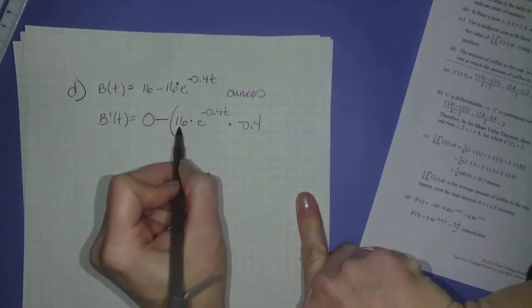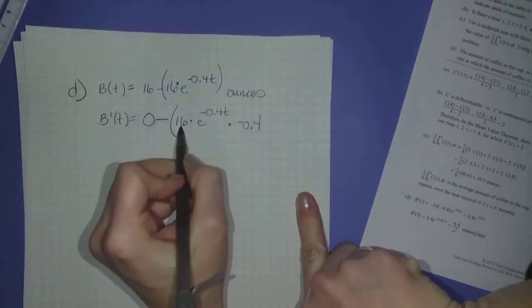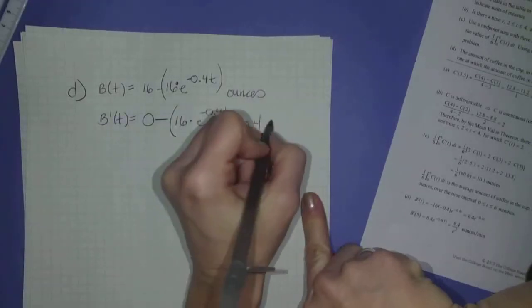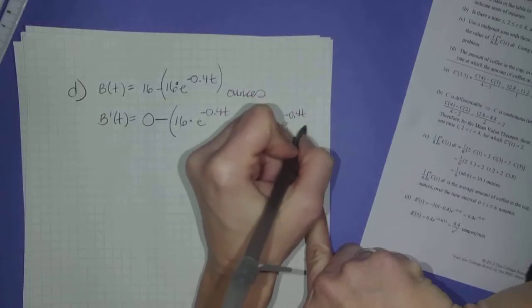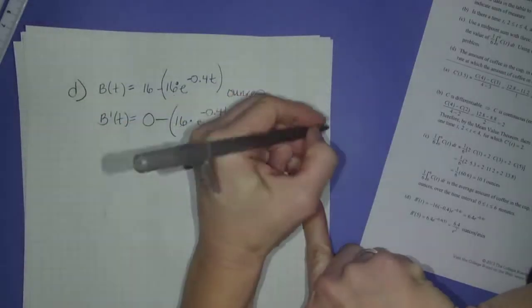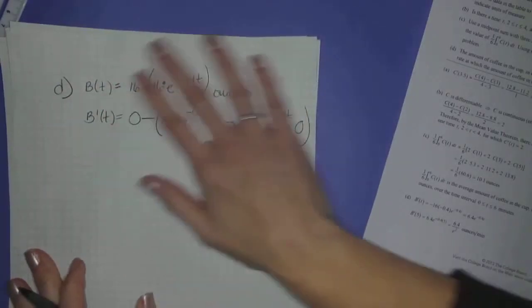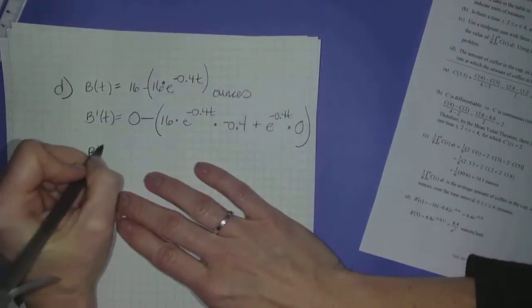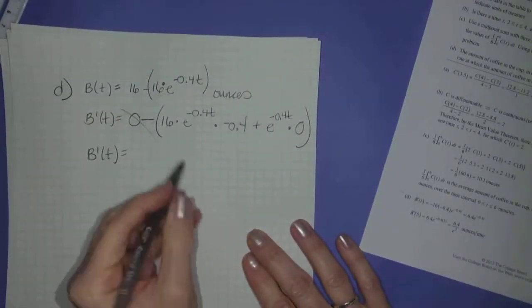So I've got the first times the derivative of the second plus the second times the derivative of the first, which just goes to 0. So if I clean this up, really what I have is that b prime of t is, this goes away.